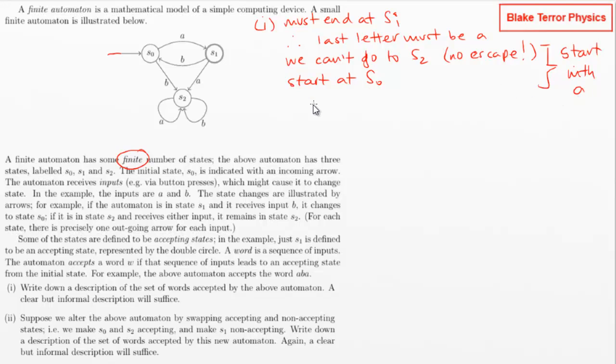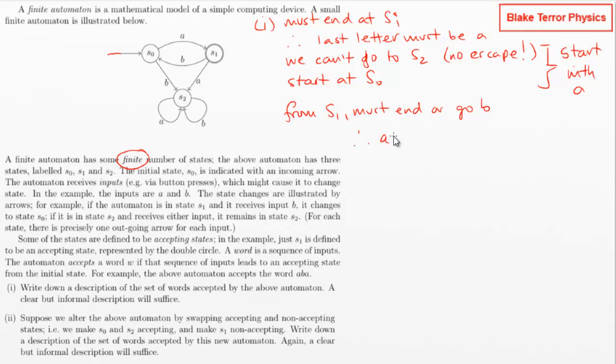And then if we're at S1, we can't then do an A. So from S1, we must end or go B. Right, so we're starting with an A, and then we either just end, or we have to do a BA, and then a BA, and then a BA.